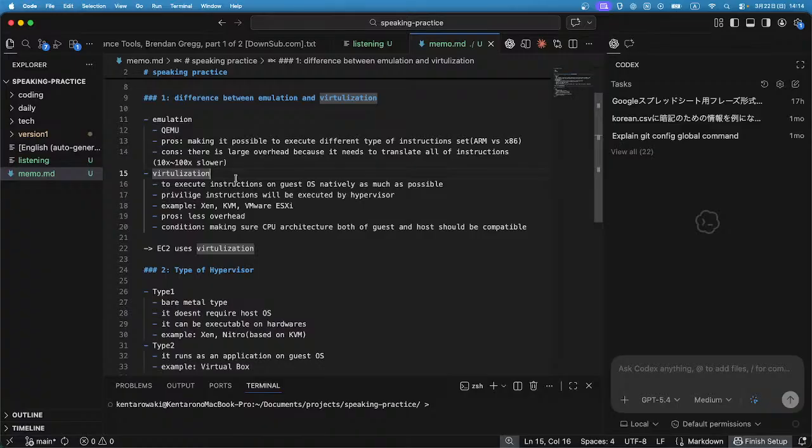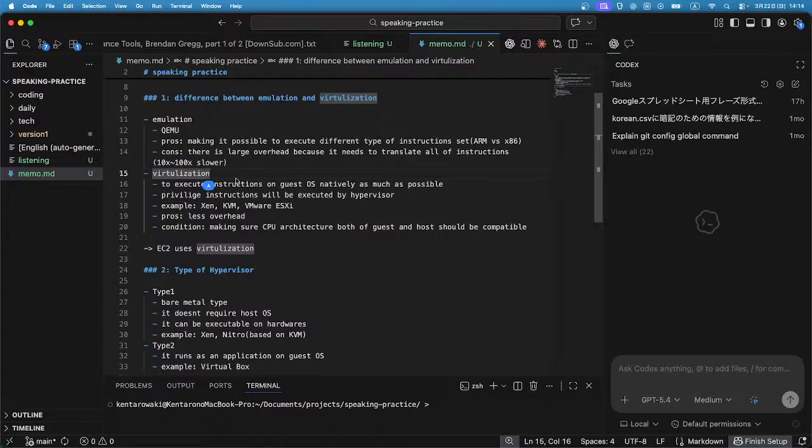So overall, emulation is slow because it translates all of the instructions. On the other hand, virtualization doesn't translate all of the instructions. It executes instructions on the guest OS natively as much as possible.